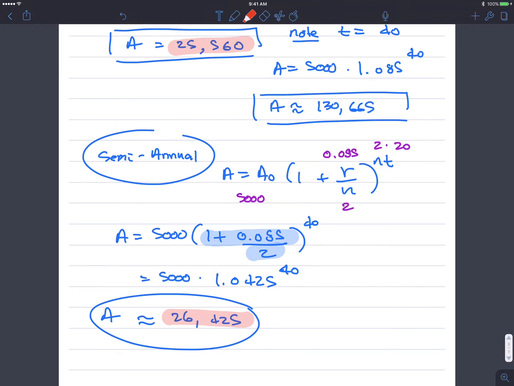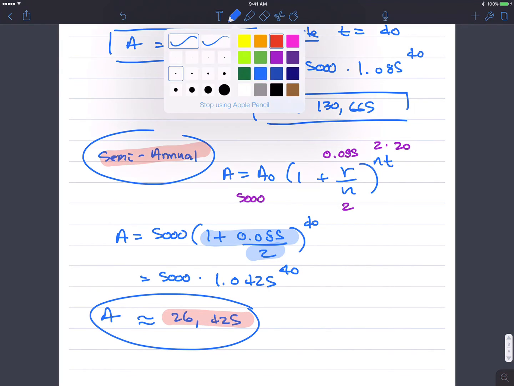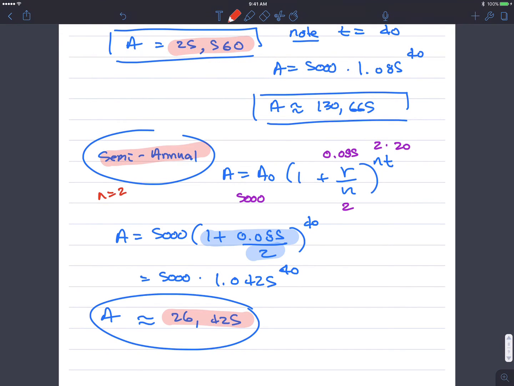Your interest was given to you if it's compounded semi-annually. You now have 2 interest payments every year for 20 years. So they're giving you interest every 6 months. But my question is, do they continue to deal with the 5,000, or it just builds off of whatever you have after? No, this is based on the original 5,000.